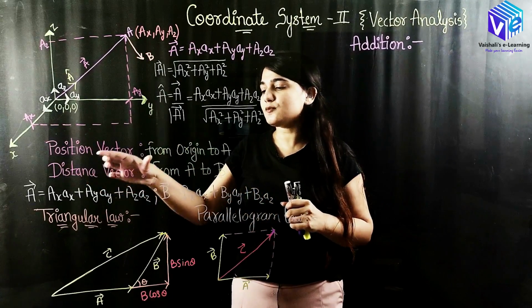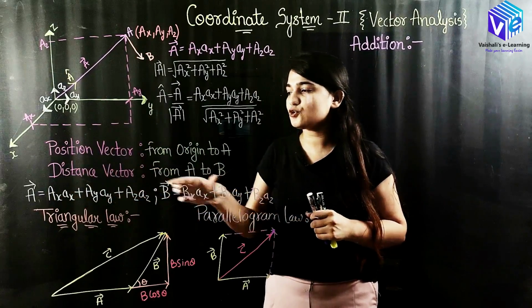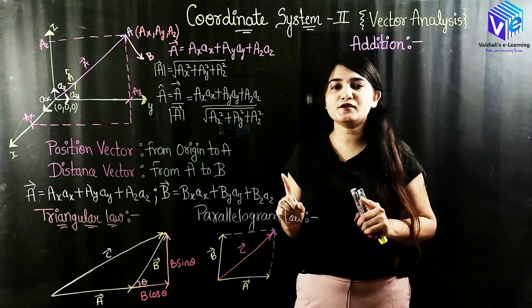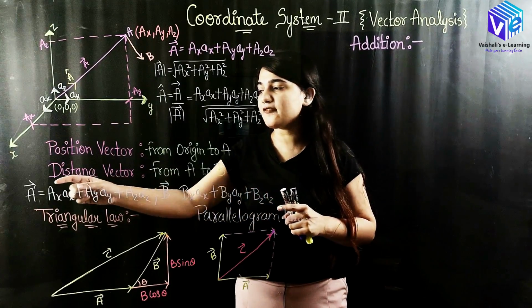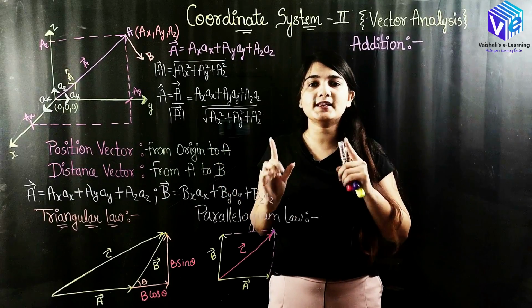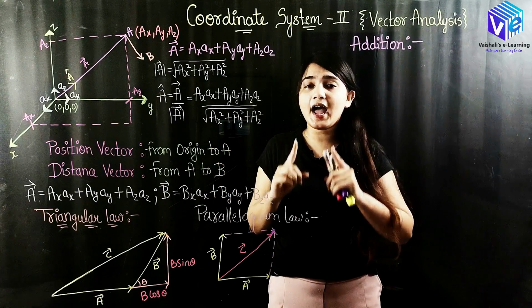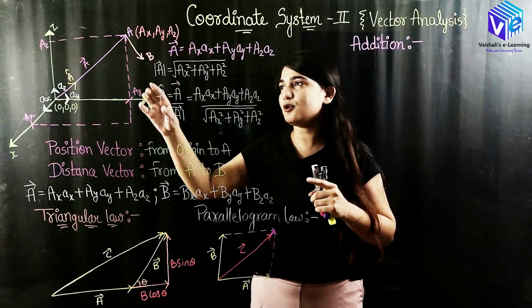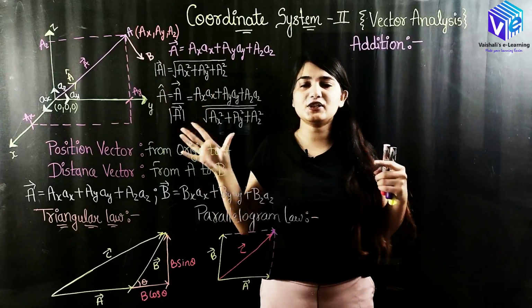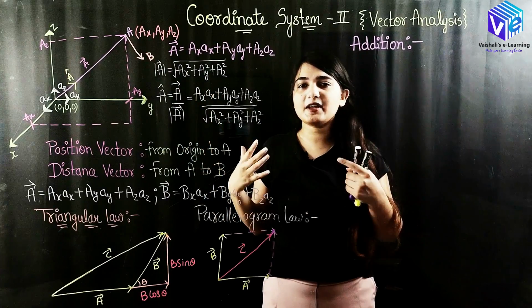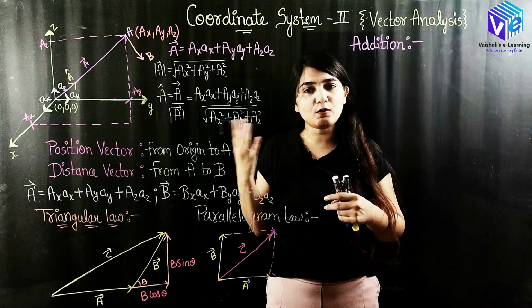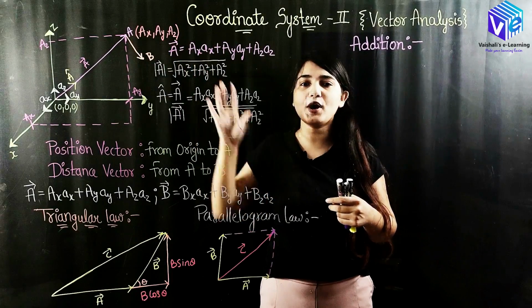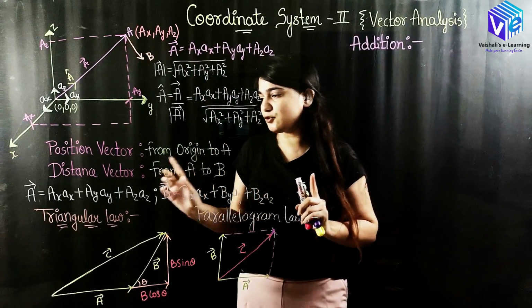Now the distance vector is between these two points. Neither point is the origin; whenever I compute the distance vector, I have to choose both points as separate points in space. The minimum distance between these two points A and B gives me the distance vector, and it can be easily found. It will be equal to the displacement between the two points, or the minimum distance between the two points.